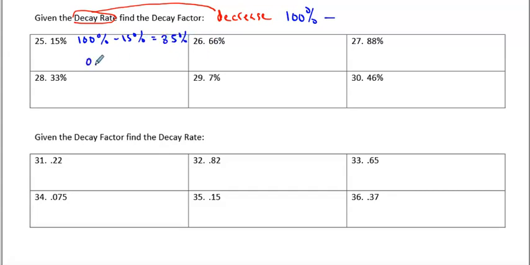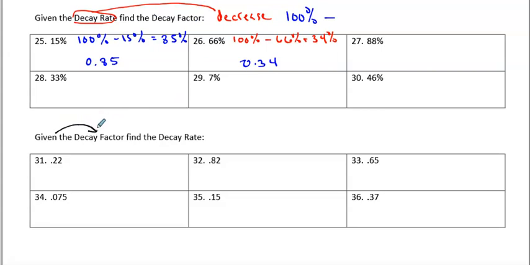So my decay factor is 0.85 when I convert this into a decimal. All right, next, I start with 100%. I take away or subtract my 66%, and I'm left with 34%. So my decay factor is 0.34. That's given the decay rate, find the decay factor.